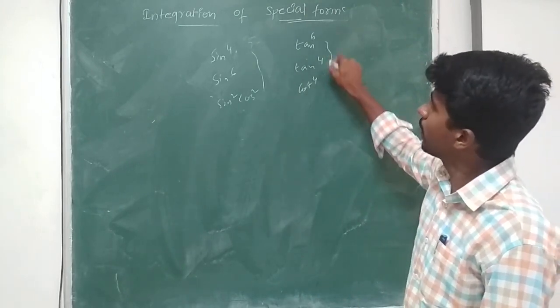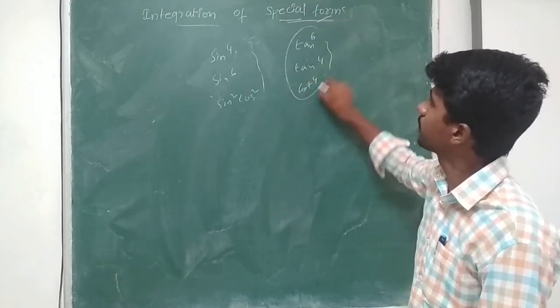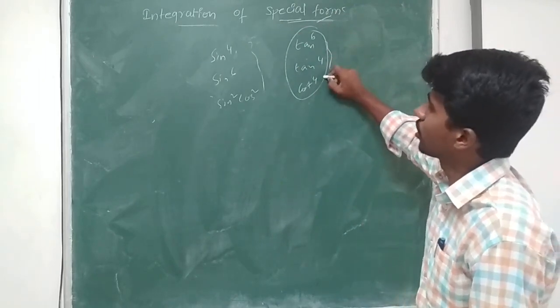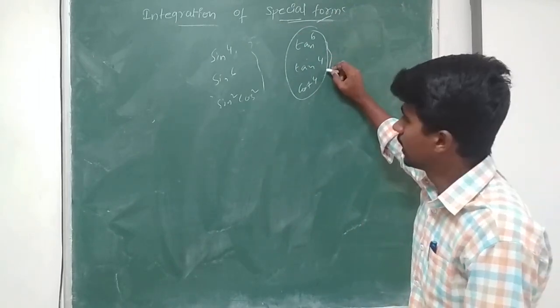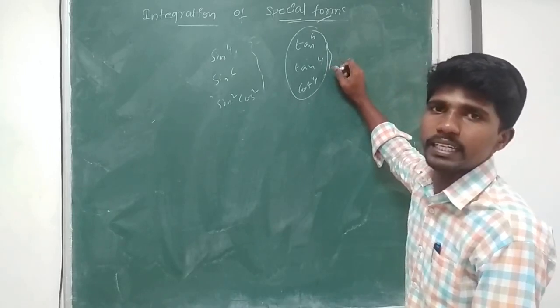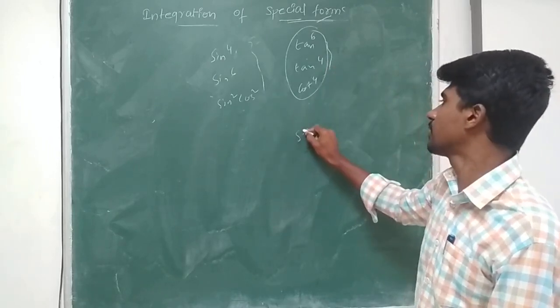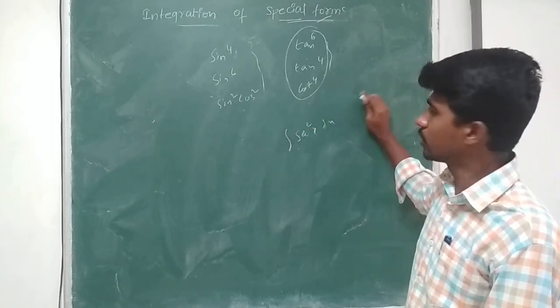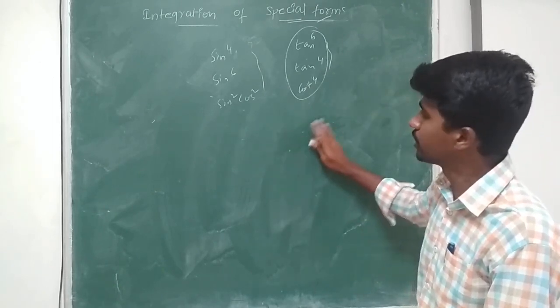So with the help of these special forms we derived tan power 6, tan power 4, cot power 4. We don't need to worry about cosecant square and secant square because secant square x dx is nothing but tan x directly. That's why we don't have any special forms to reduce this one.